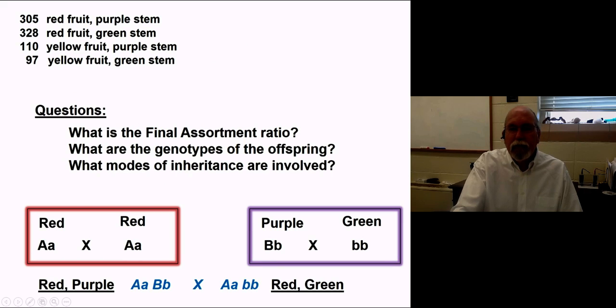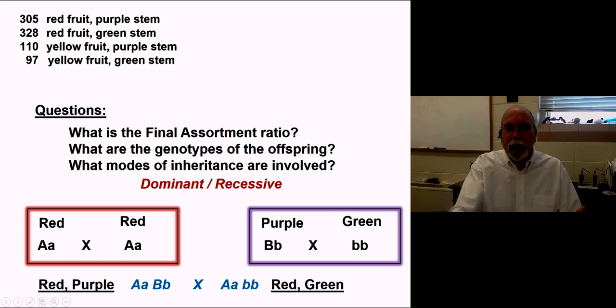All right. So what are the modes of inheritance? That's easy, dominant recessive, because that's all we know at this point, right? And that certainly fits with the data. All right, then we got to start figuring out the genotypes of the offspring and these final assortment ratios. Well, the genotypes are, just write them down. Given this cross, red times red, right here, phenotypically we expect a 3-to-1, so we have big A blank for red, and we have purple stems.